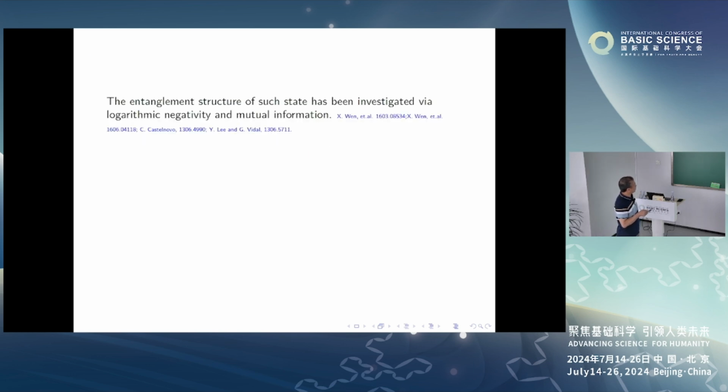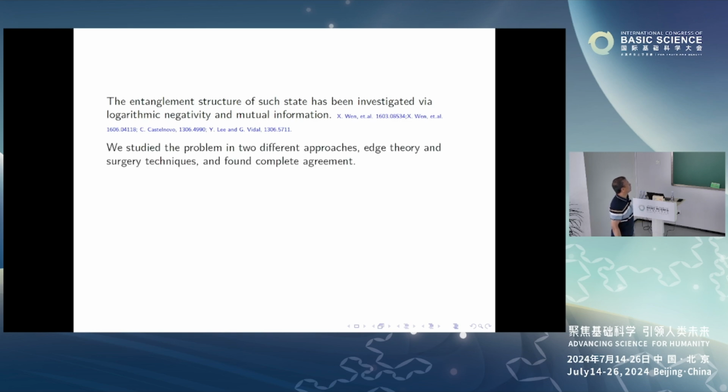Now, for this kind of configuration, the entanglement structure of such a state has been investigated in terms of the logarithmic negativity and the mutual information. It has been well studied in the literature by several groups, Wen, Matsuo and Vidal, a long time ago.